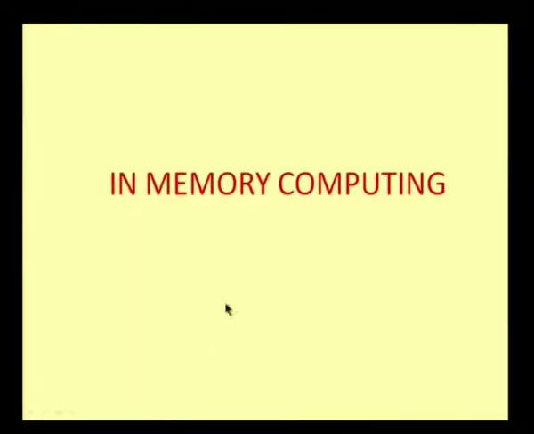Then the next topic is in-memory computing. We are having conventional computing, and every time the data is brought to the main memory before the processing takes place. Since we are having minimum data, it is possible to bring it and do it. The RAM capacity is 2 GB or 4 GB or 8 GB.